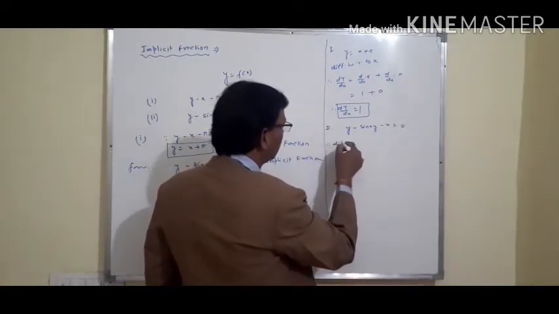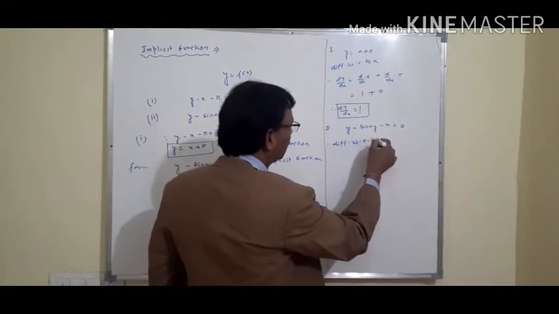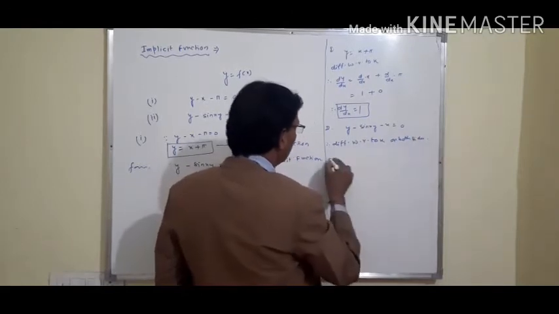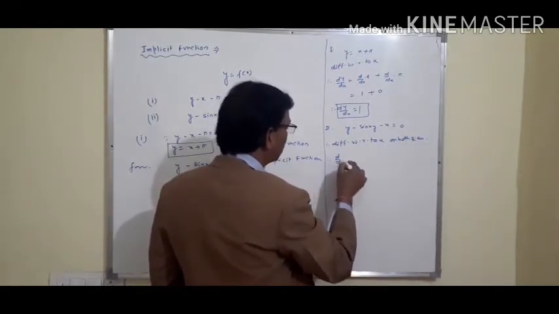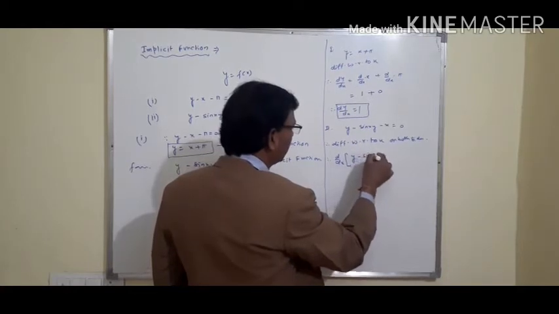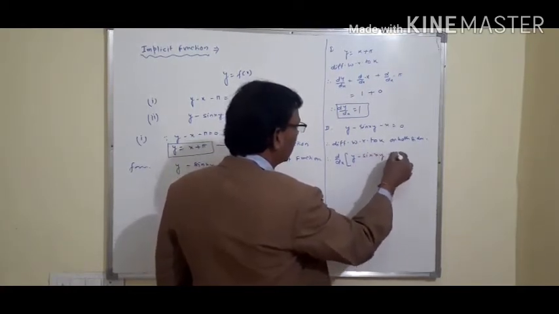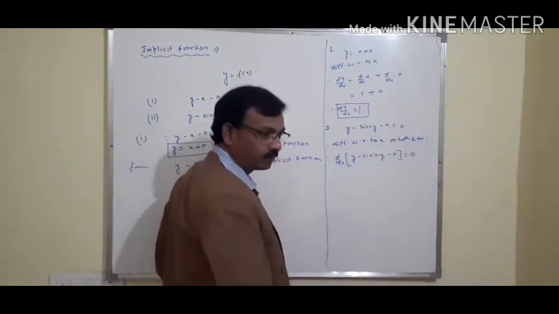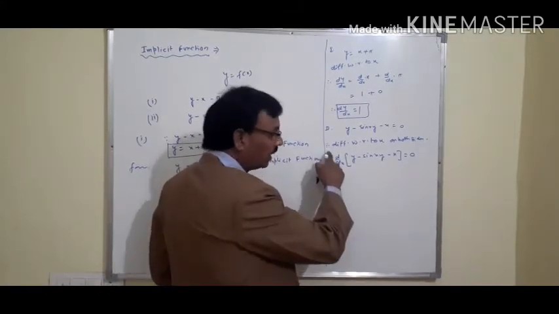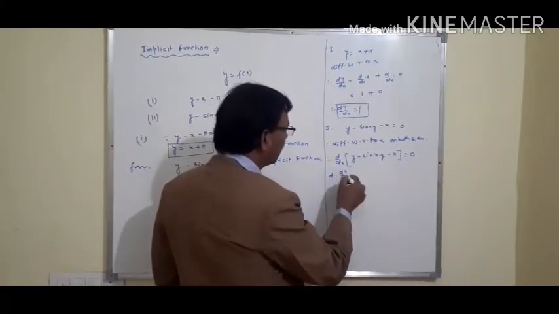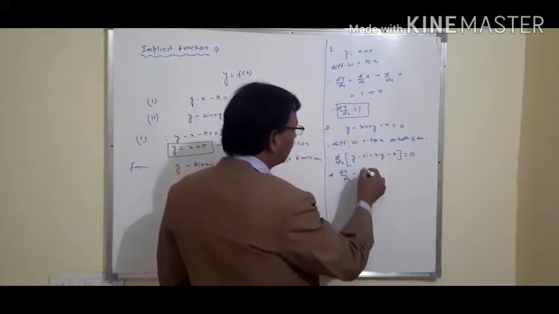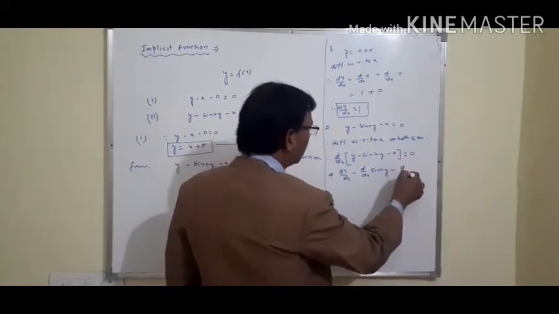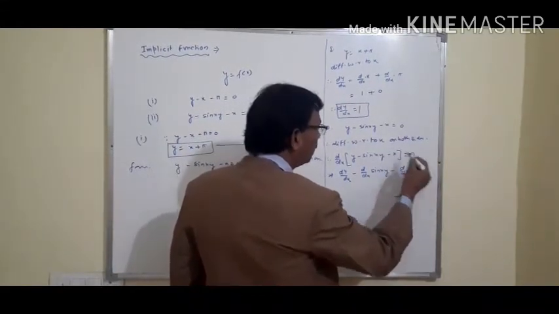Therefore differentiating with respect to x on both sides, d by dx of y minus sine of xy minus x equal to d by dx of 0, which will be 0. Now d by dx of y, that means dy upon dx, minus d by dx of sine of xy minus d by dx of x equal to 0.